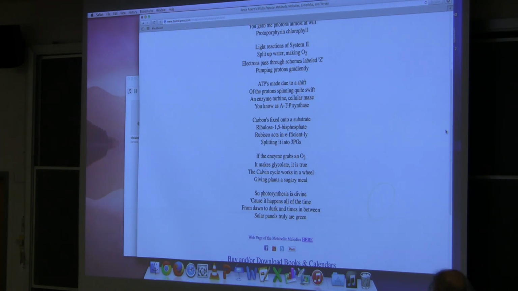The Calvin cycle works in a week, giving plants a sugar in need. So photosynthesis is divine, 'cause it happens all of the time, from dawn to dusk and times in between. Solar panels truly are.